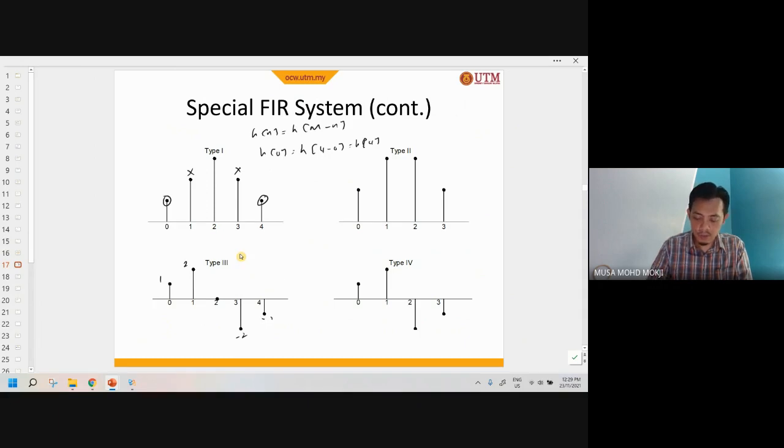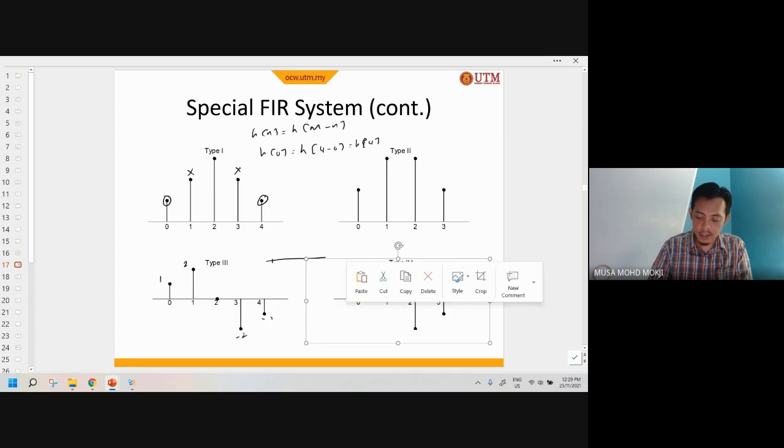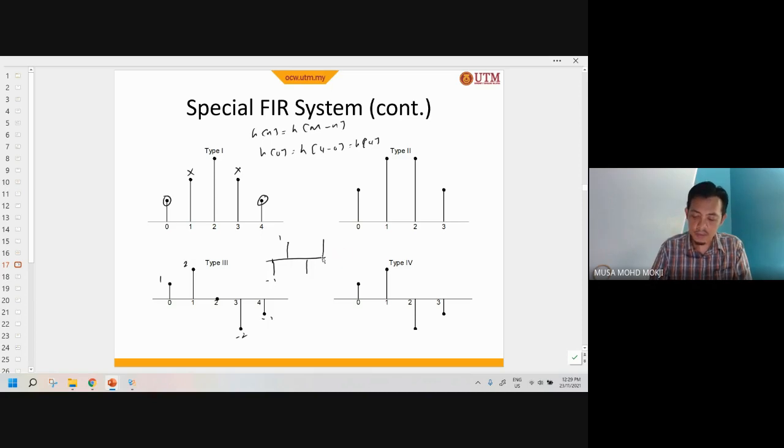And of course, we can also have something like this one starting with negative, let's say negative 1, and then 1, and then negative 1, 1. So this is actually type 4.